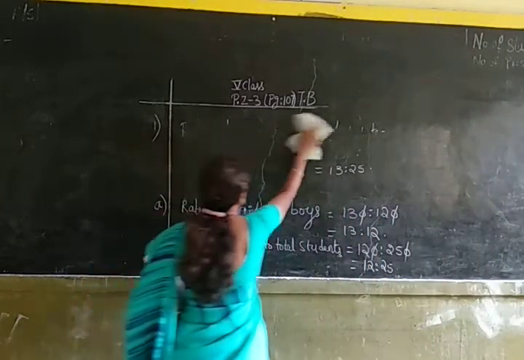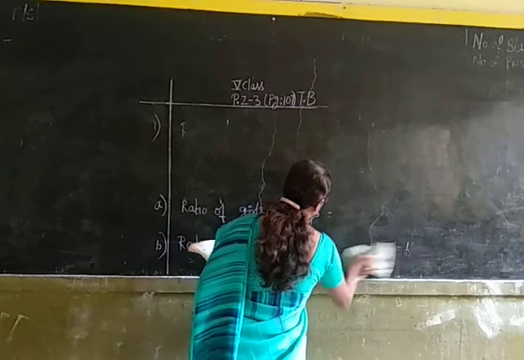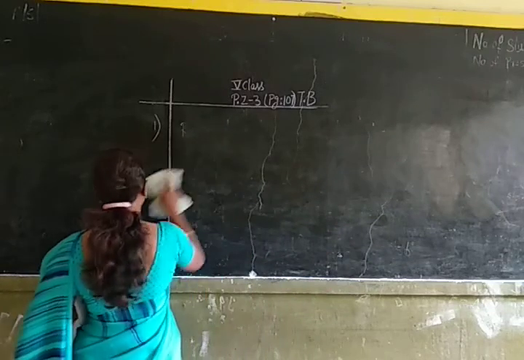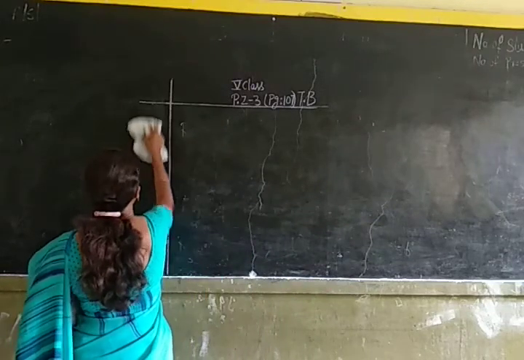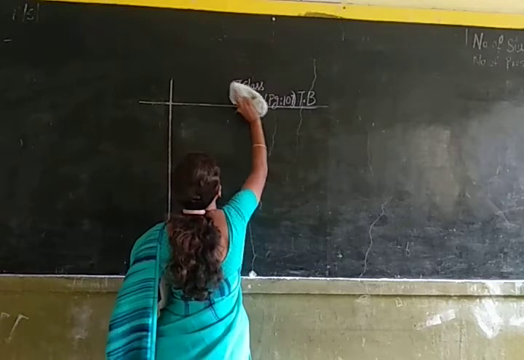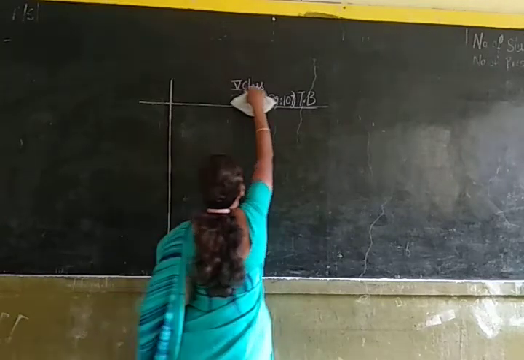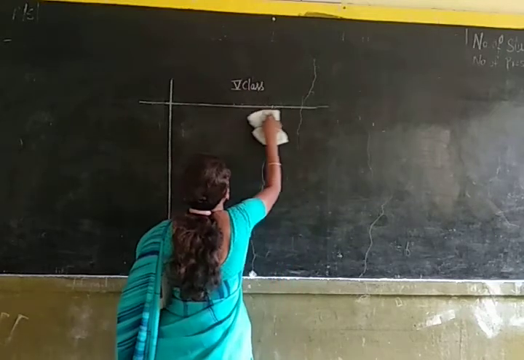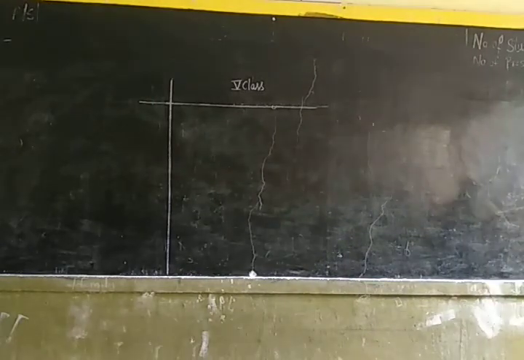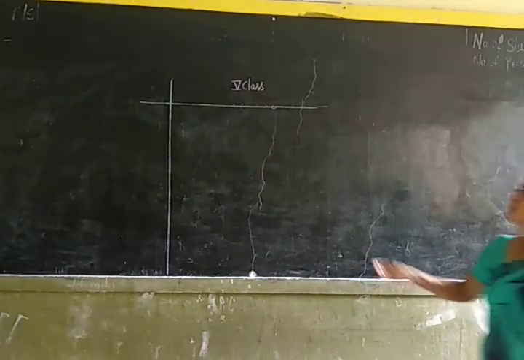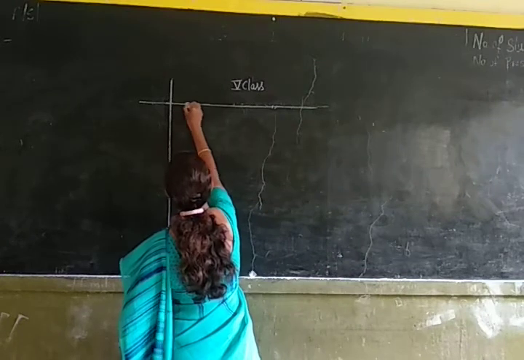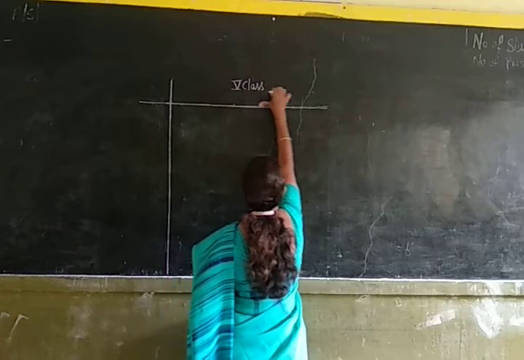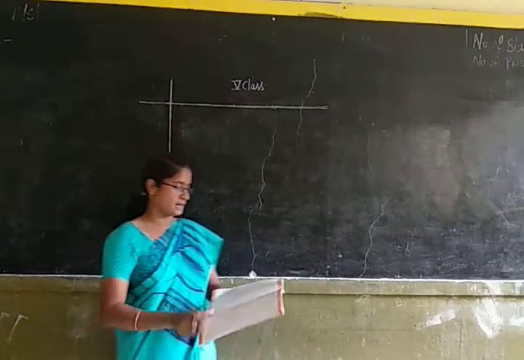By completing practice zone 3, the textbook is completed. So now let us do the workbook for the chapter ratio.